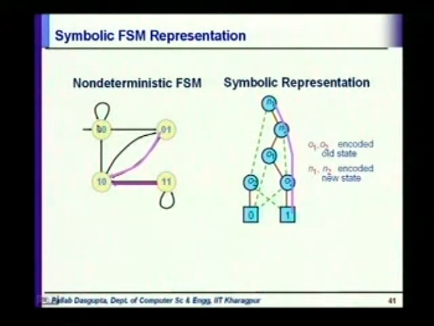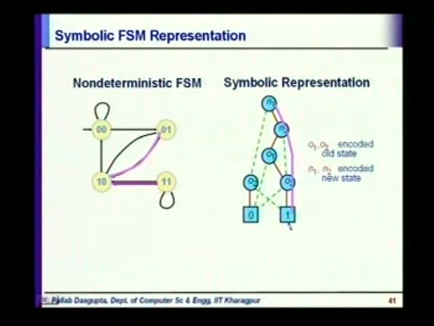So, let us see what happens. The encoding here is O1 O2 are the old states, the present state, and N1 N2 are the new states. So, 0 0 0 0 goes where? N1 is 0, O2 is 0, so it goes to 1. So 0 0 0 0 is a valid transition, right?